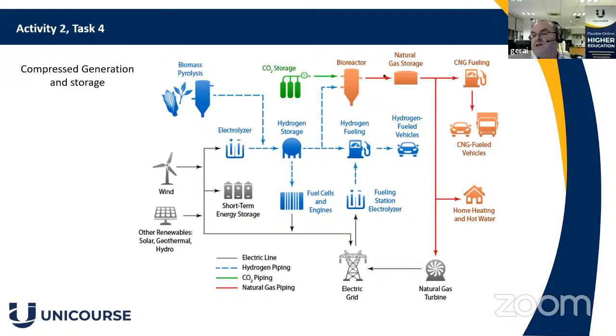So we can generate natural gas, which we can use for the national grid, a high pressure national grid system. So that can be used for fueling maybe lorries and vehicles that require high power, or we can use it for heating in the home, or we can generate it through combined cycle gas turbines and produce more electricity.